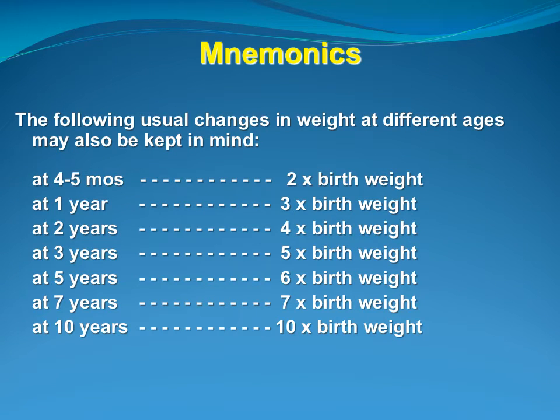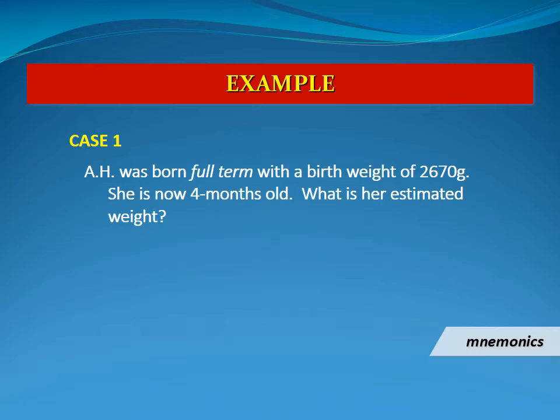Now here are some mnemonics which will help you remember different weights at different age groups. For example, AH was born full term with a birth weight of 2,670 grams. She is now 4 months old. What is her estimated weight?